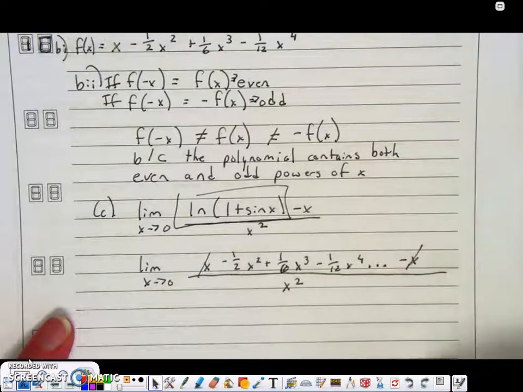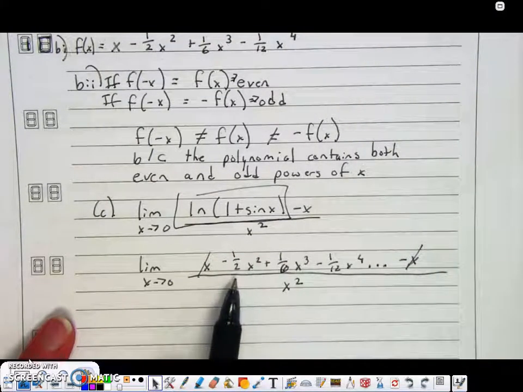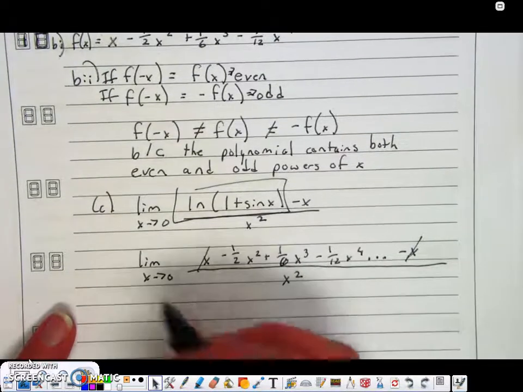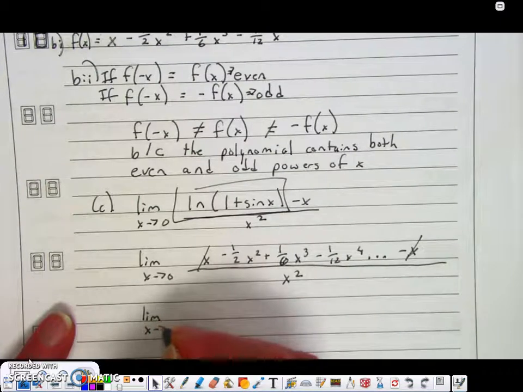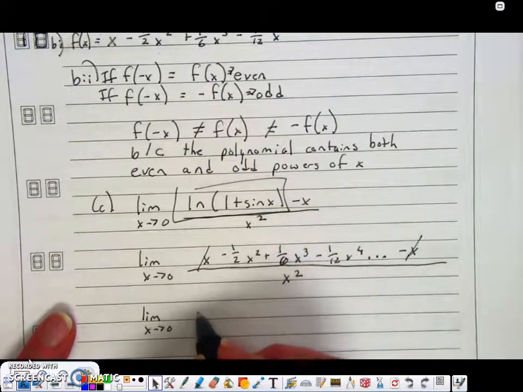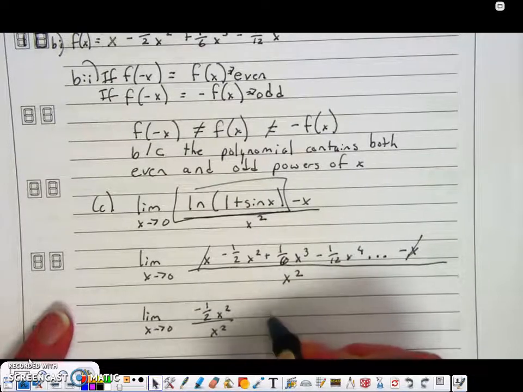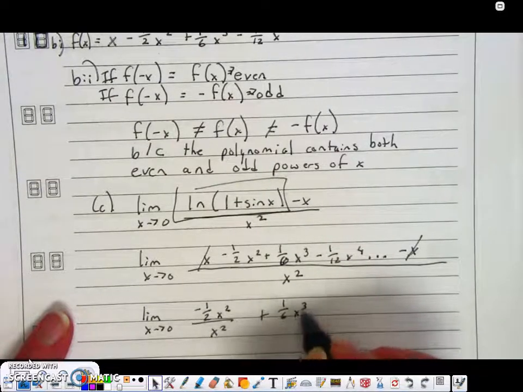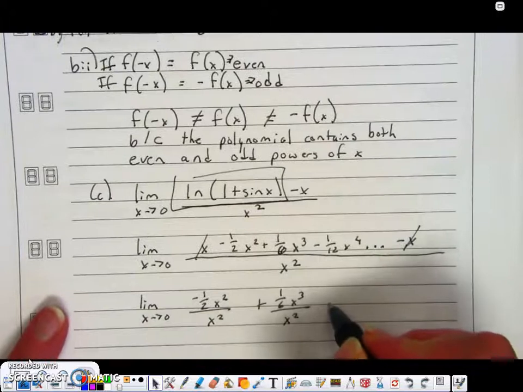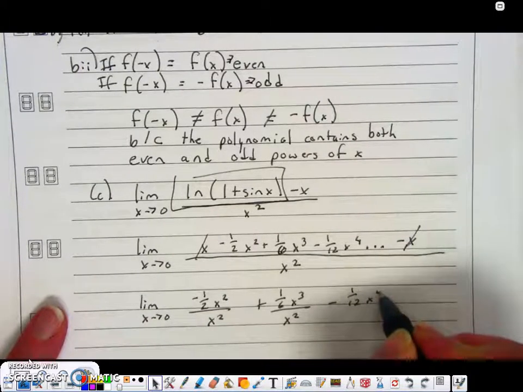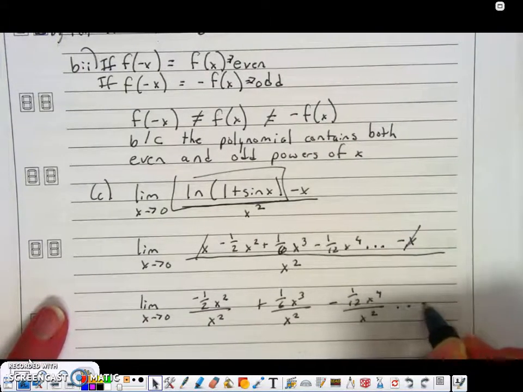This guy would cancel, and as you approach 0, these terms would go negative 1/2 x squared over x squared plus 1/6 x cubed over x squared minus 1/12 x to the 4th over x squared, dot, dot, dot.